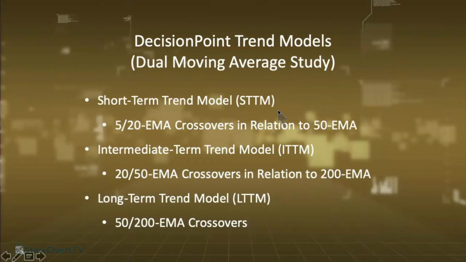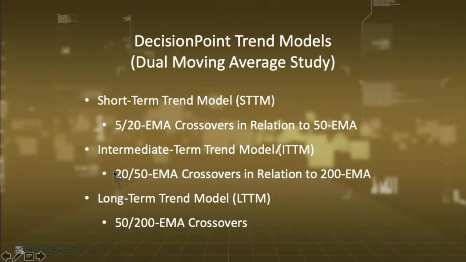So the short-term trend model for DecisionPoint, we use the 5 and 20-day EMA. And as I said, it's based simply on their crossovers, but we look at them in relation to the 50-day EMA, because if the negative crossover occurs above it, that's a neutral. If it occurs below it, then it goes into a short-term sell. So that's why we say in relation to.